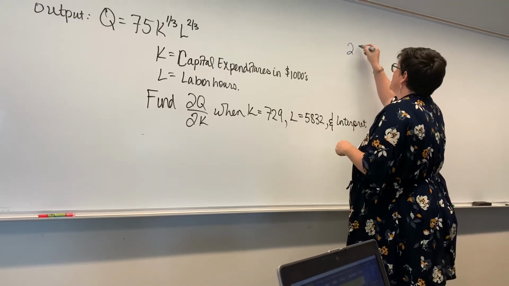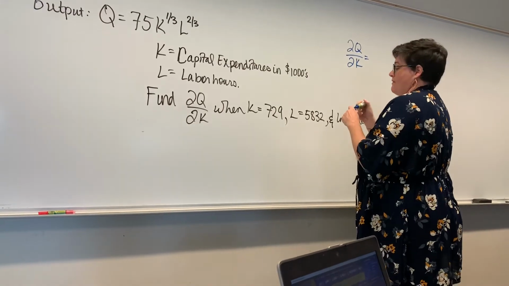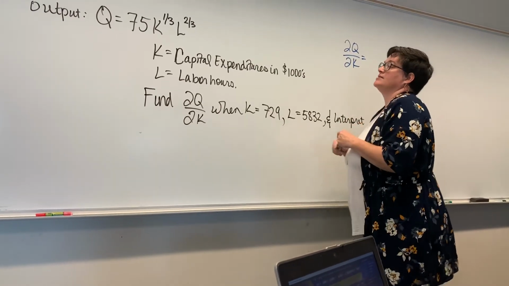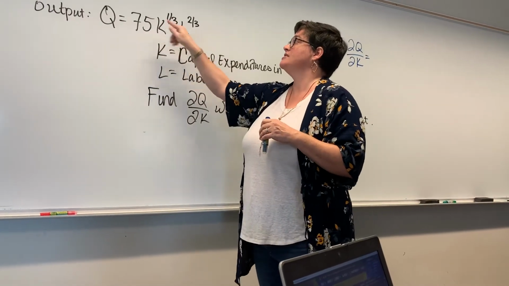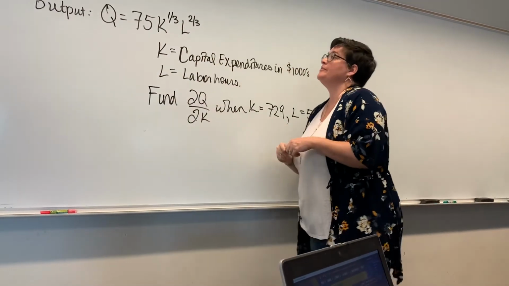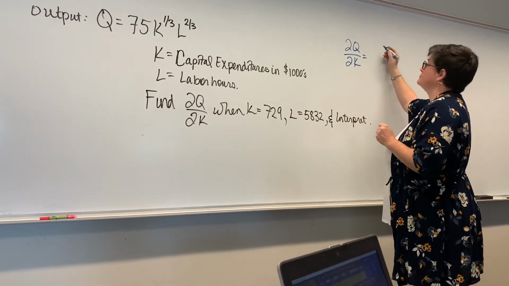So when we do the partial of Q with respect to K, what's constant? L and 75. So what's the derivative of K to the 1/3? 1/3 K to the negative 2/3.